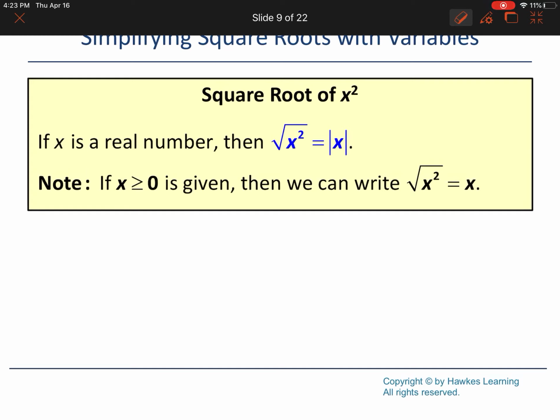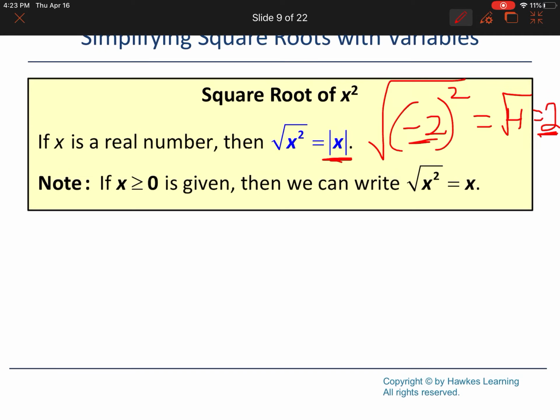Okay, so if I said negative 2, and then I square it and take the square root, well, I got to do the parenthesis first, right? I'm working from the inside out. And so that means I take negative 2 squared, that's a 4, and I take the square root, which is positive 2. So you see that they didn't match.